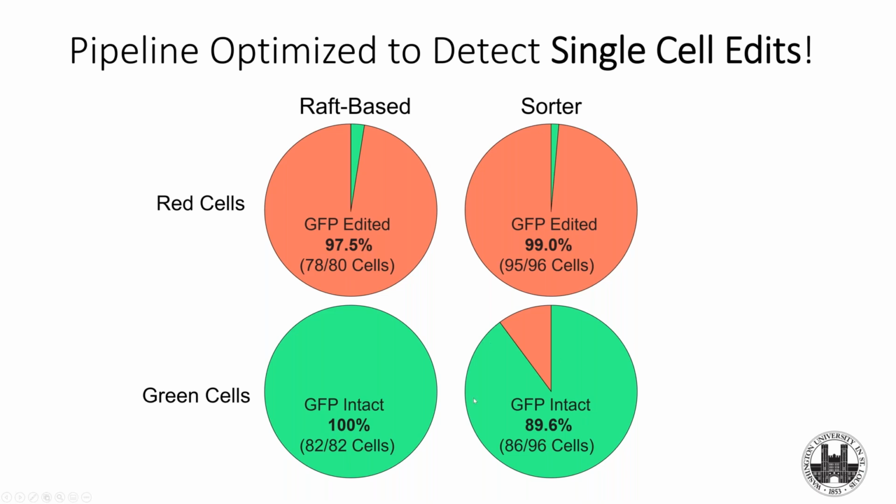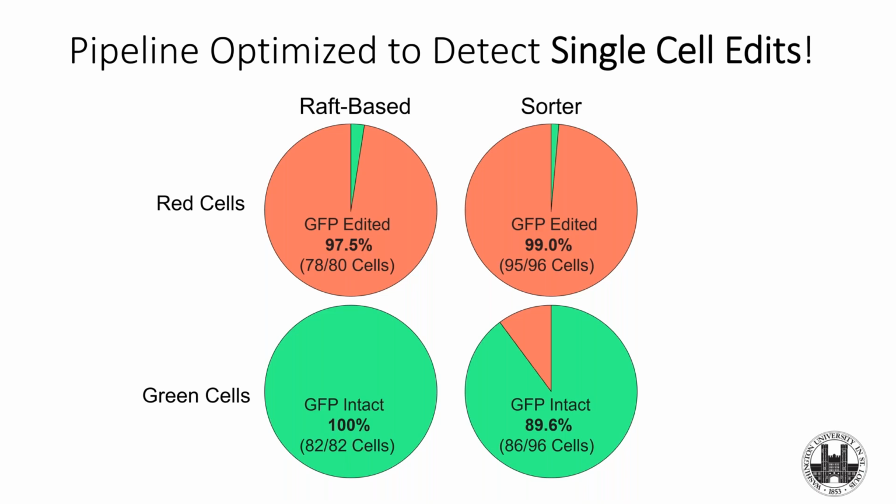I'm actually not sure how to explain this, but the point is that in terms of this experiment, which you can do on both the raft and the sorter, they're extremely comparable. And going through this whole genotyping system and doing the PCR from a single cell and from a genomic site, this works very nicely.